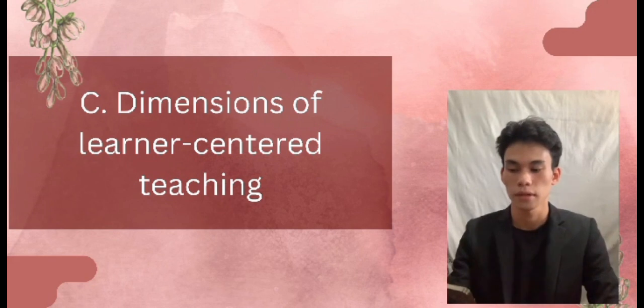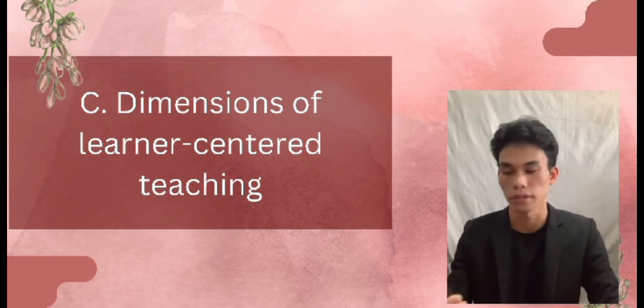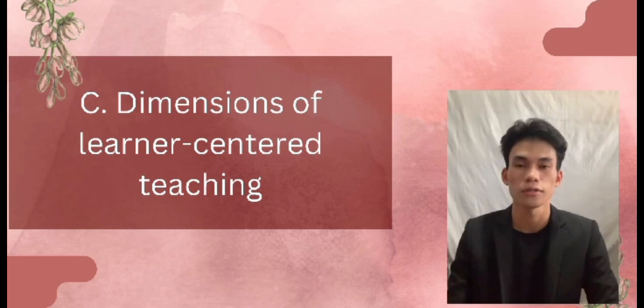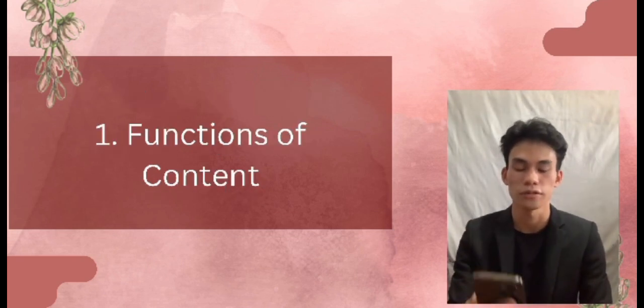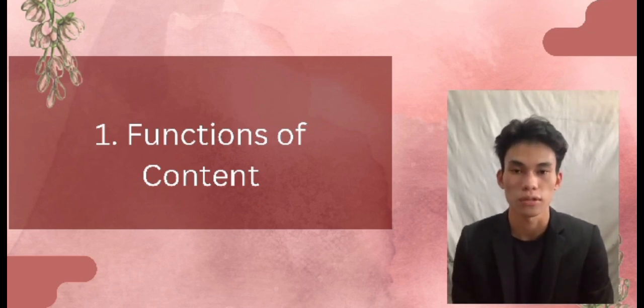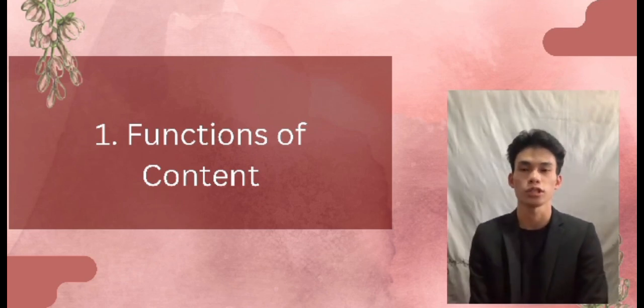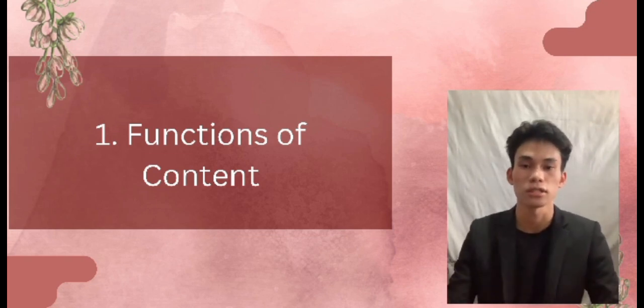So, here are the 5 dimensions of learner-centered teaching according to Weimer 2012. For the first one, we have the function of content. Build appreciation or value of content. If they value it more, they appreciate more about the subject, so that they will engage more in their learning.